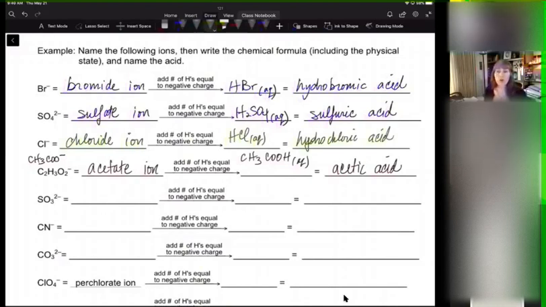All right, we've got hydrochloric acid. Maybe that's familiar. Hydrochloric acid is in your stomach contents.